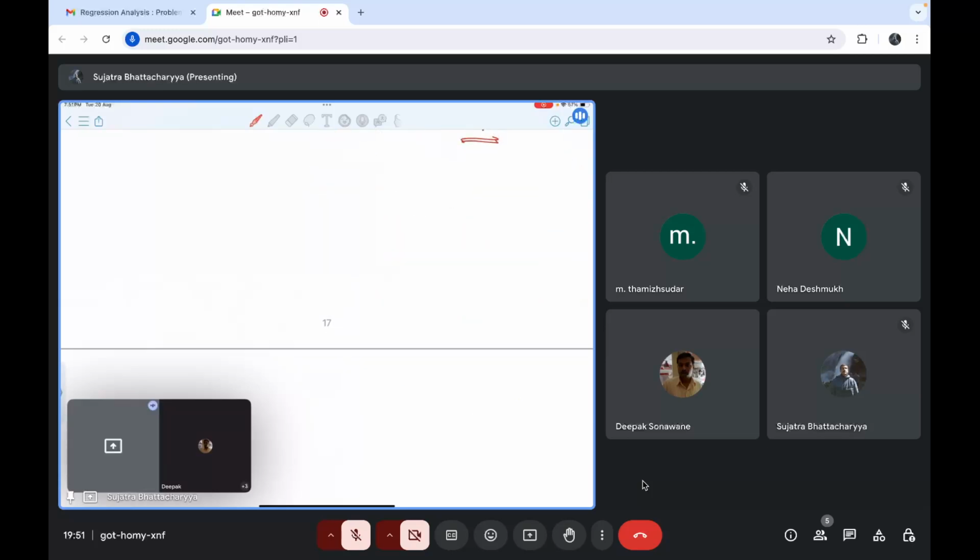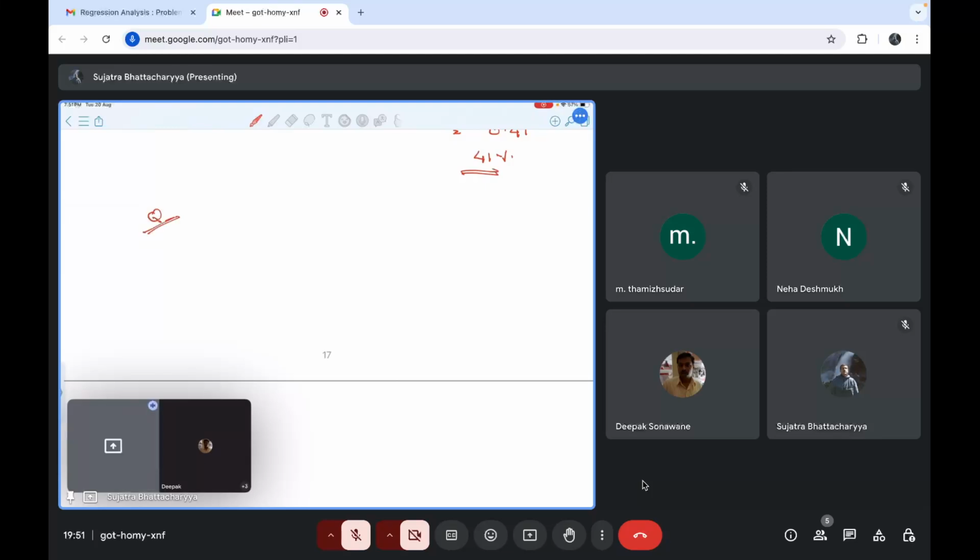So let me give you one question. You can solve it on your own, the way I have done for the last couple of questions. You can do it later, okay, for practice. Based on the value of adjusted RP square bar, which of the following models would you prefer?